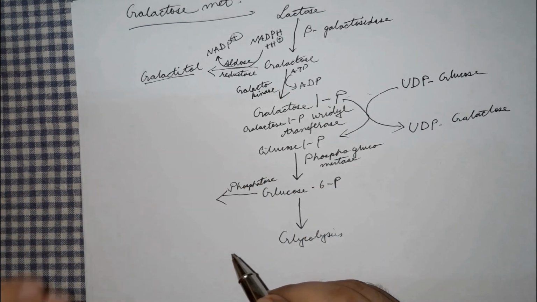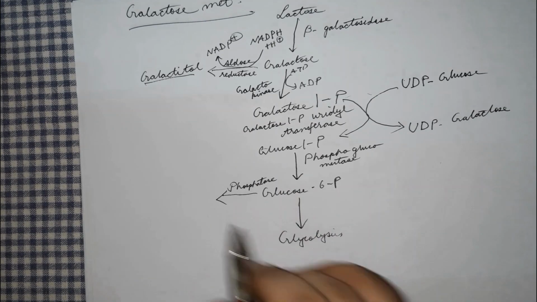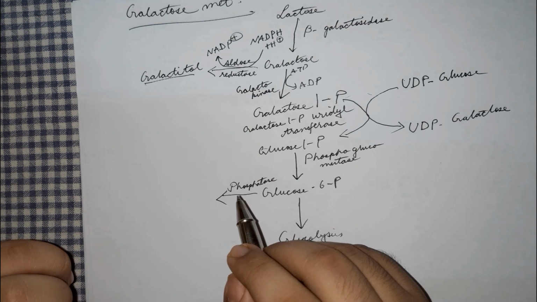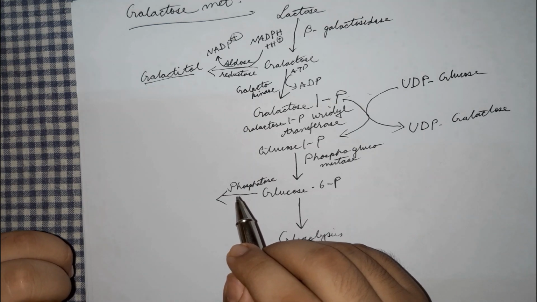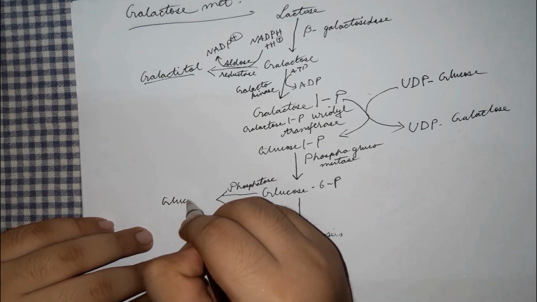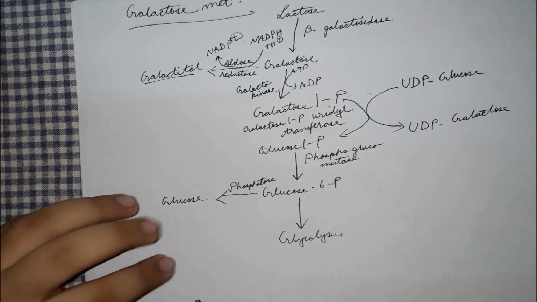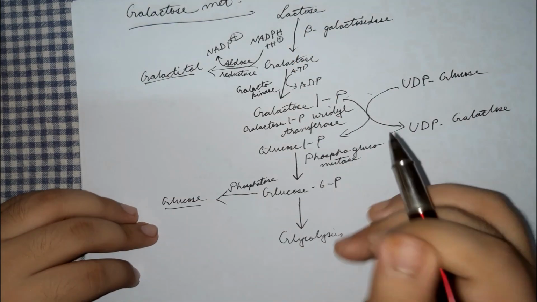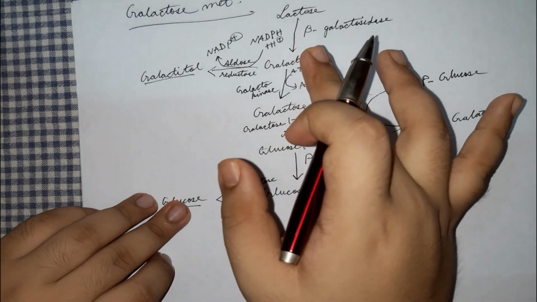The main function of phosphatase enzymes is removal of phosphate. So a phosphatase may work here, and glucose 6-phosphate may be converted back to glucose. So this is one of the pathways by which glucose may be formed from galactose.